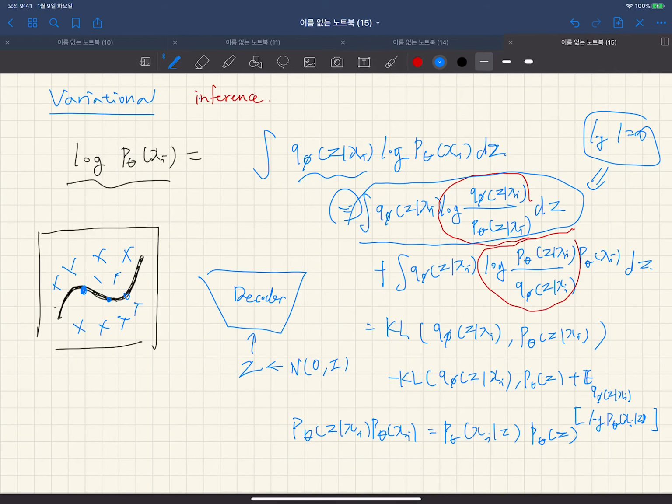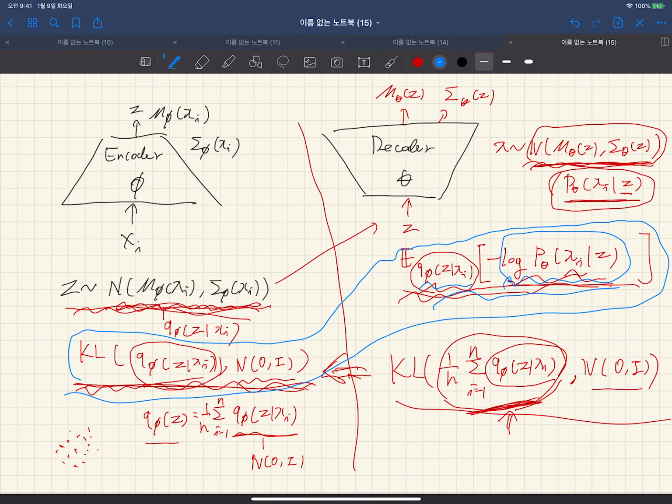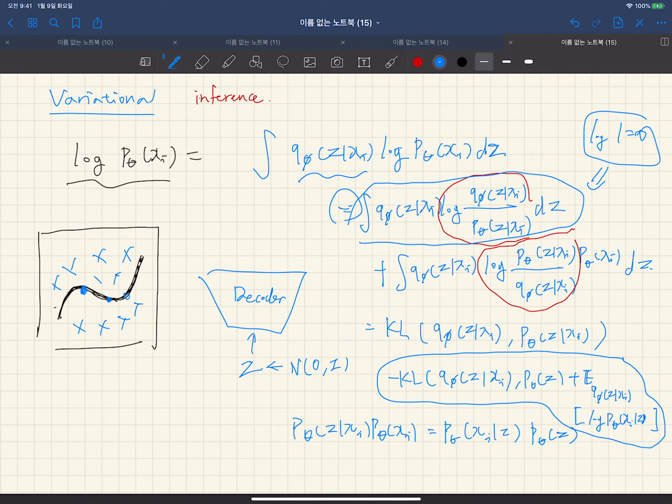Okay, so this part was the objective function of the variational autoencoder that I explained on the previous page.